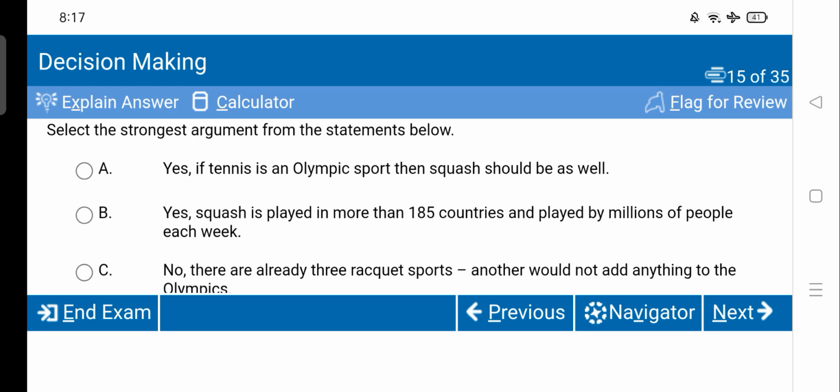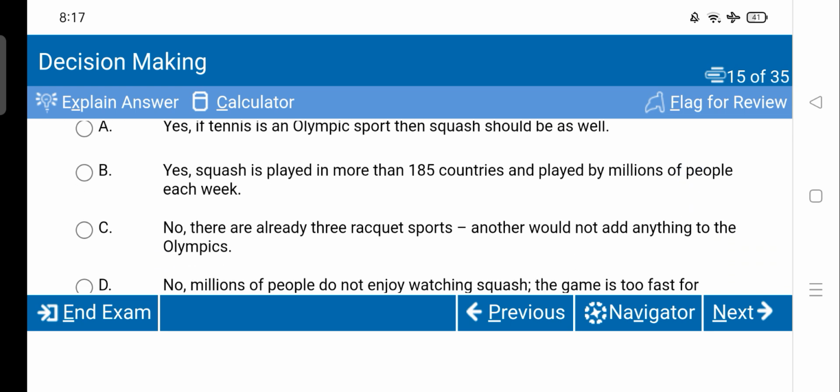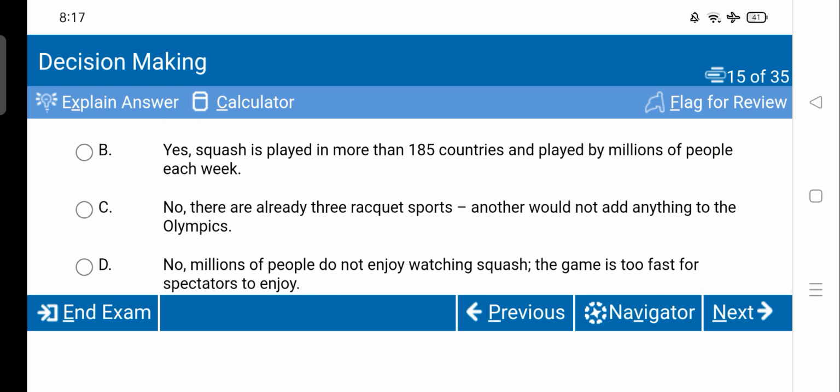Option C, no. There are already 3 racket sports. Another would not add anything to the Olympics. Option D, no. Millions of people do not enjoy watching squash. The game is too fast for spectators to enjoy.